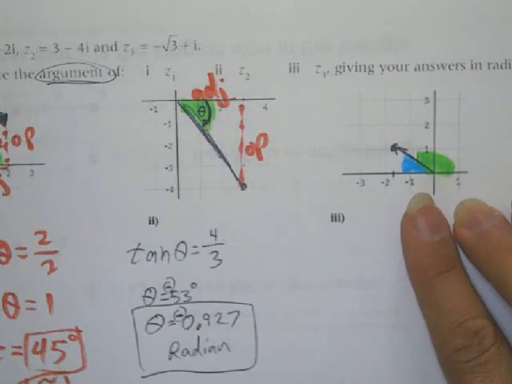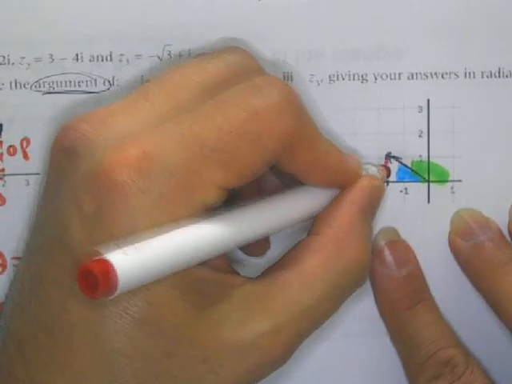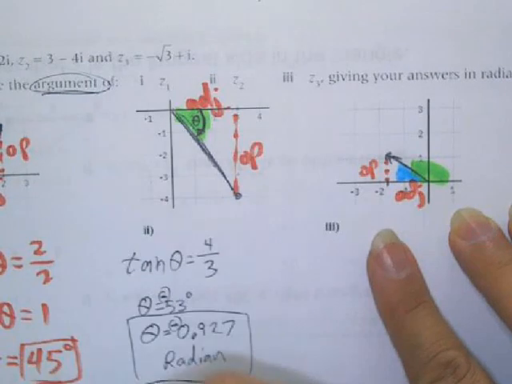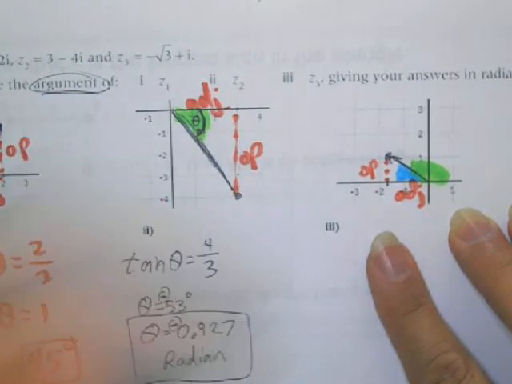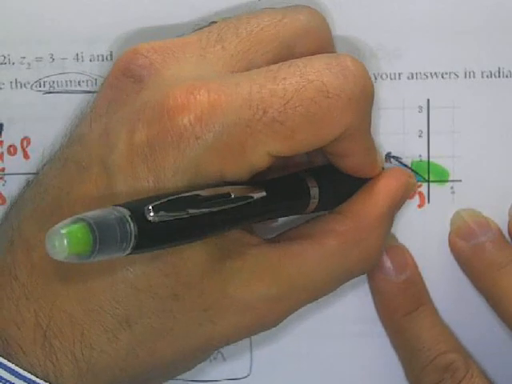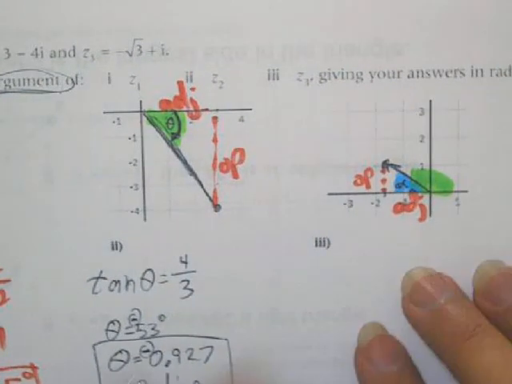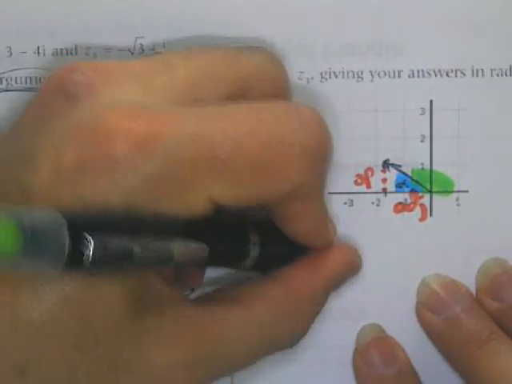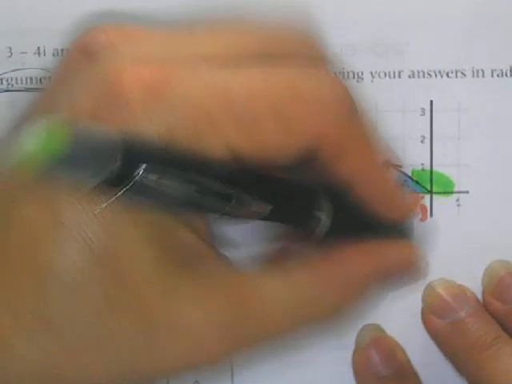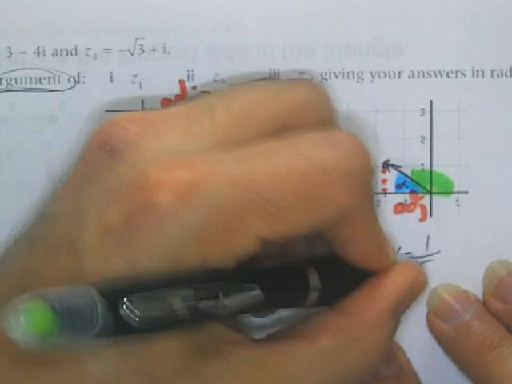So this here is opposite, this here is adjacent, and to find this angle, I'm going to call it alpha because I don't want to call it theta. So to find angle alpha, it's opposite over adjacent, so tangent alpha is equal to 1 divided by square root of 3.